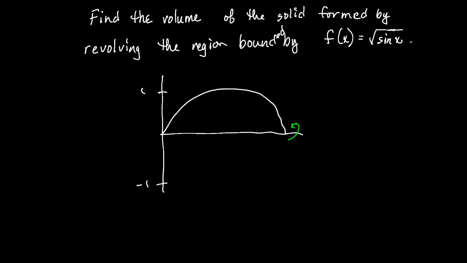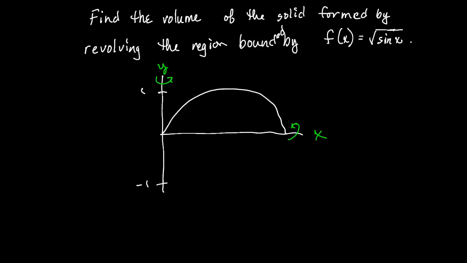Anyway, this indicates which axis, because you can revolve around either axis. And by the way, you won't necessarily get the same volume. If I revolve this around the y-axis, I'm not going to get the same volume as around the x-axis, because it's going to be a different shape.